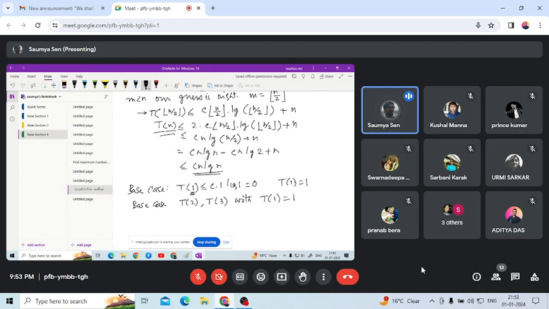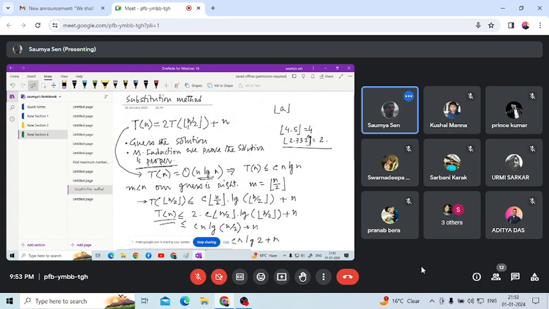So it is true for all n. It is true for T2 and T3, I did not show that, it is very easy. So in this way we prove P of n equals big O of n log n.